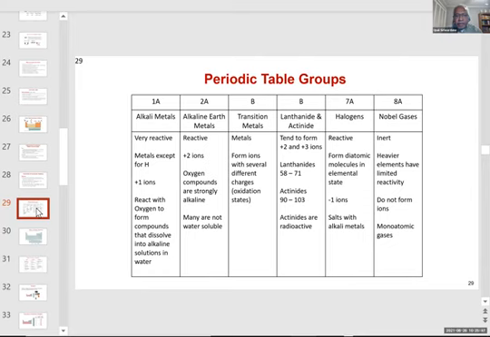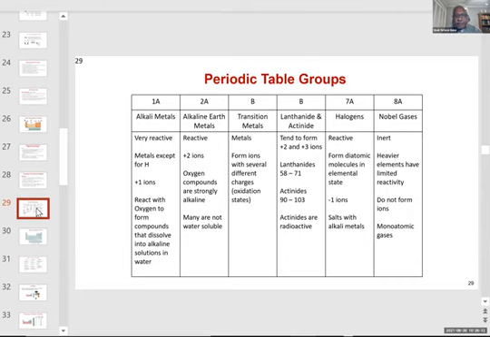They react with oxygen to form metal oxides and are strongly alkaline, but unlike group 1A, they may not be water soluble. That probably has something to do with having a positive 2 charge.